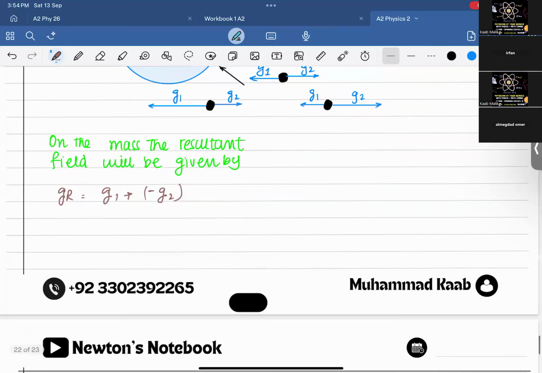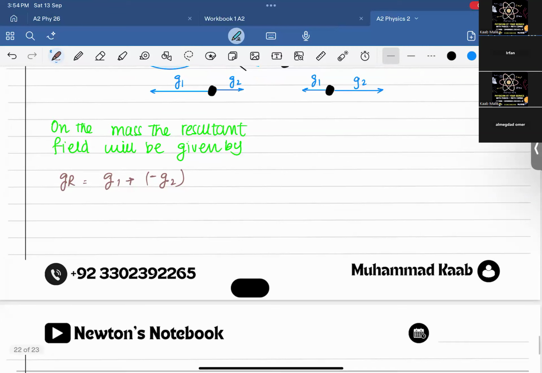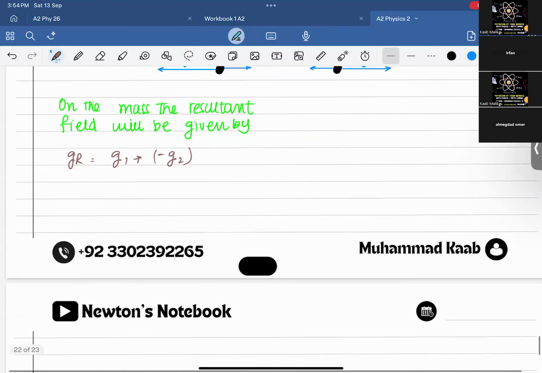Now, the resultant gravity varies. Let's say the gravity is zero at some point, so G_R is zero.